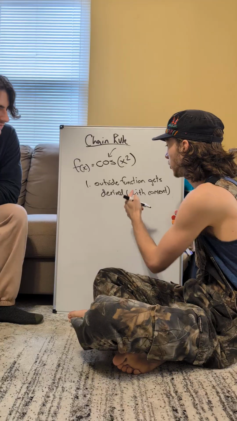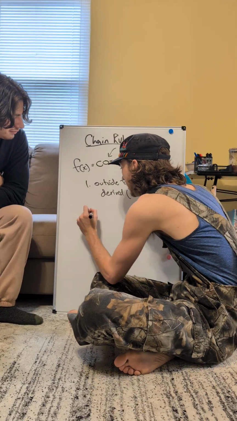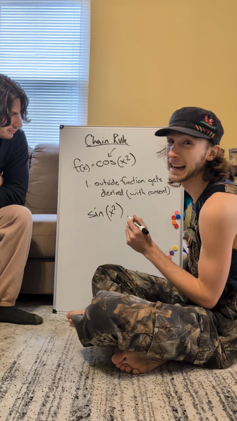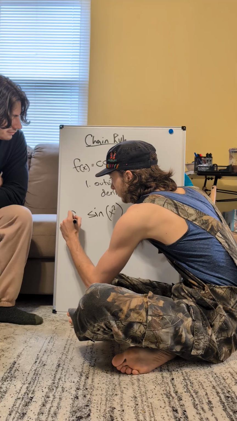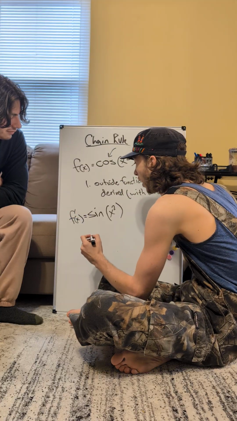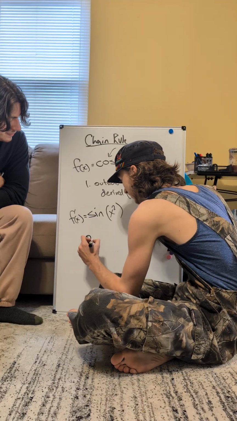In this case, the derivative of cosine of x is negative sine of x. This is f prime of x, by the way. Then you have to derive the inside function.